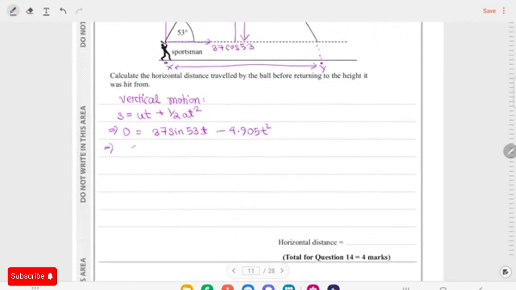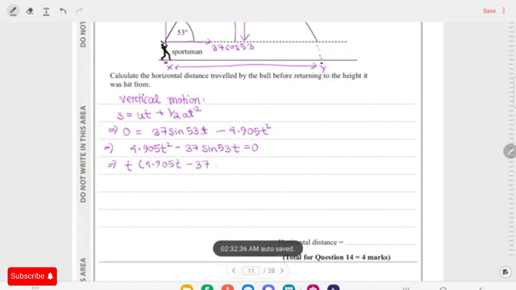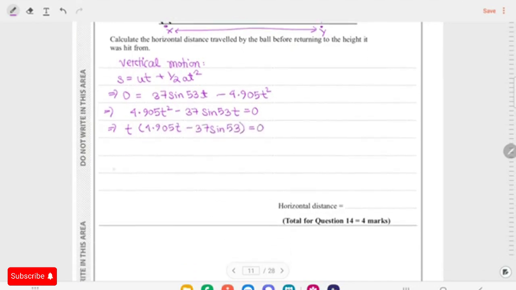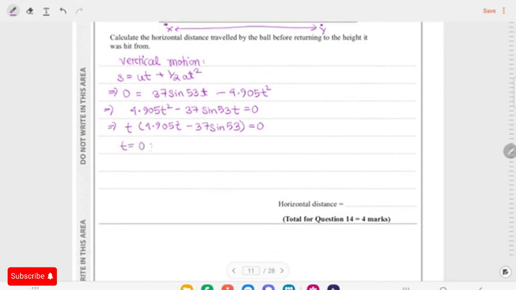So I'll rearrange it and write it like this: −4.905 t² + 37 sin 53 t = 0. If you take t as a common factor, you start factorizing it: t(−4.905 t + 37 sin 53) = 0. One value for t is 0, which will not be considered as a value.